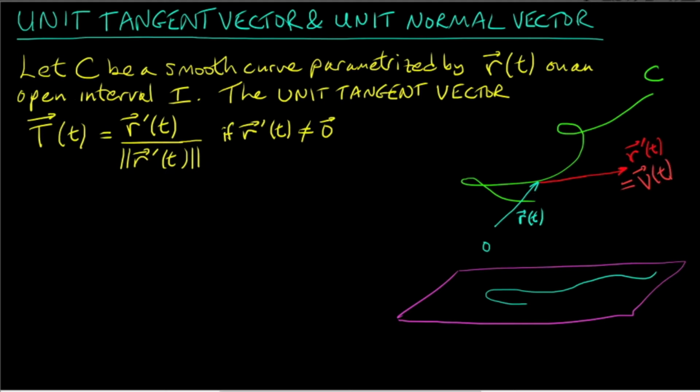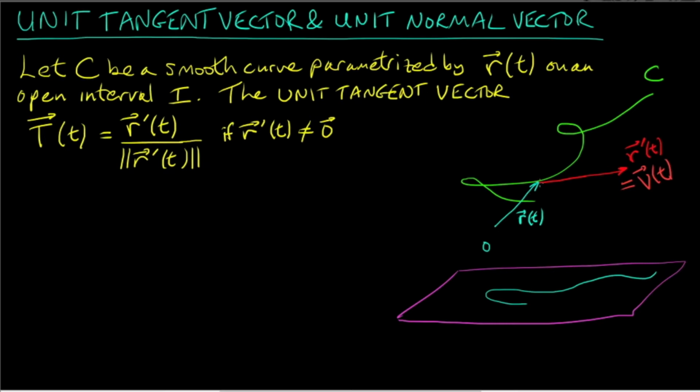If we only want to consider the geometry of the curve itself, we don't care that there's a particle moving along the curve. That's one reason why we don't care how fast this object is moving. We just want to know what direction it's moving in.